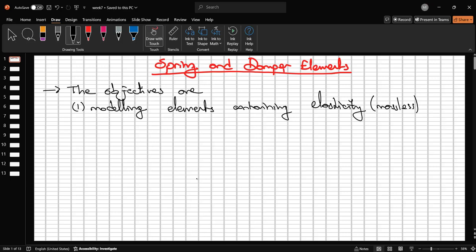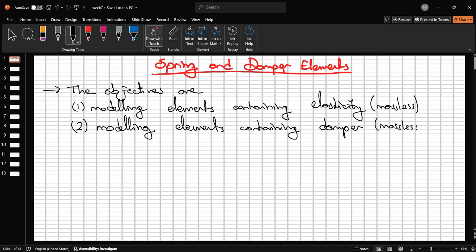Okay. In the second place, we need to talk about the modeling elements containing damper. What is damper?